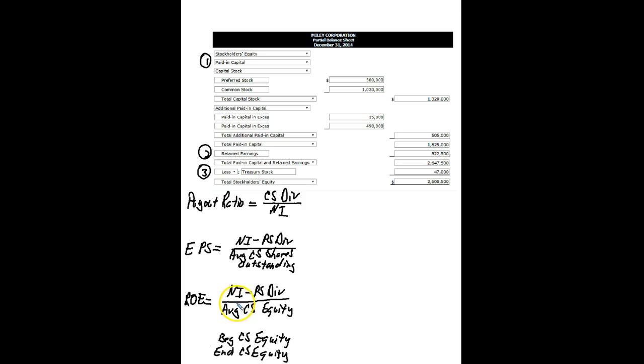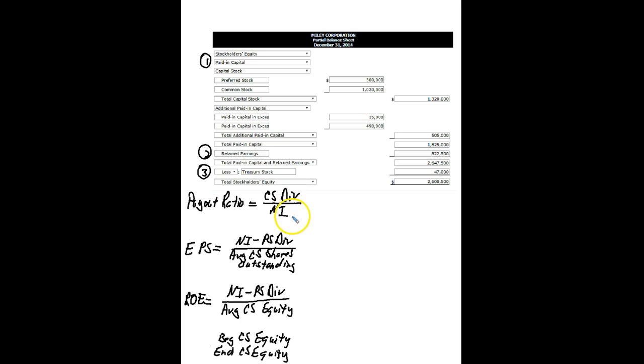There are three ratios that will be in the homework, and I wanted to go over those in this recording. The first one is the payout ratio. It connects the dividend paid to the common shareholders with net income. The formula is the common stock dividend divided by net income.